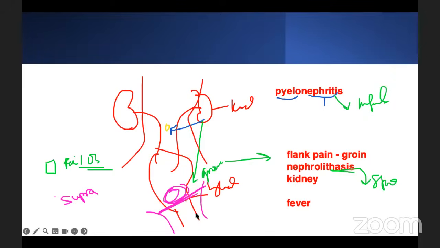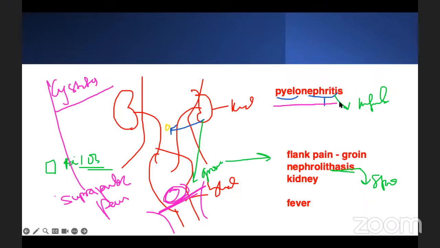And this is the pelvis. What is the scientific word for the pelvis when we describe it? It's pubic. So if I say you have suprapubic tenderness, that's all. It does not go anywhere. Suprapubic tenderness, that is cystitis. It's bladder infection, cystitis. Please don't confuse this with that or that.